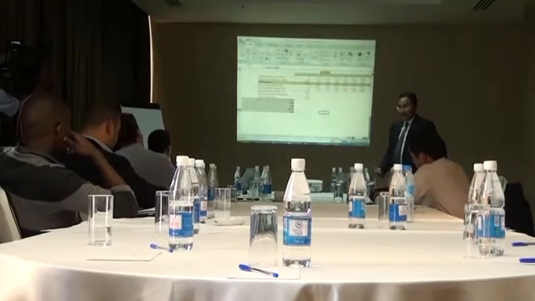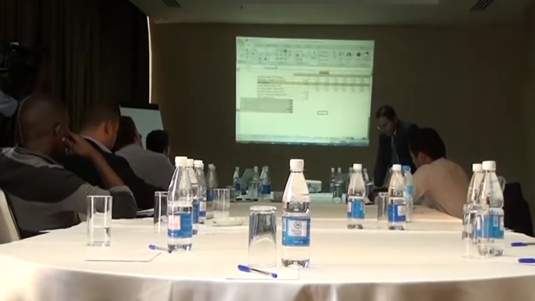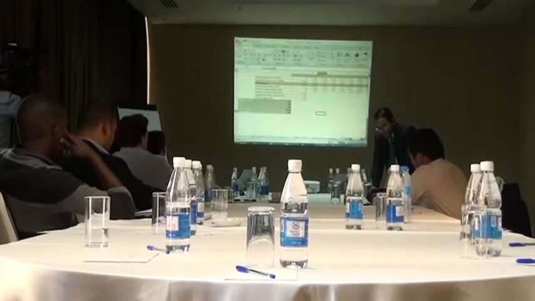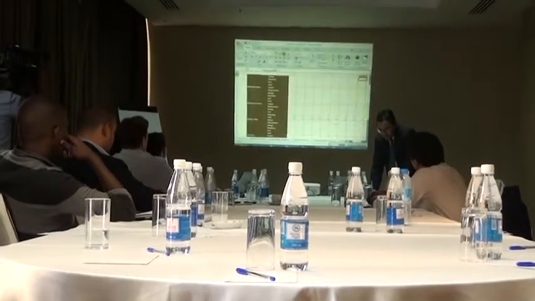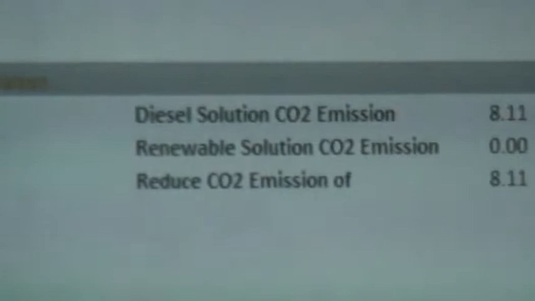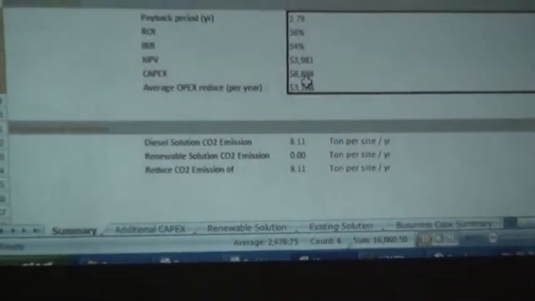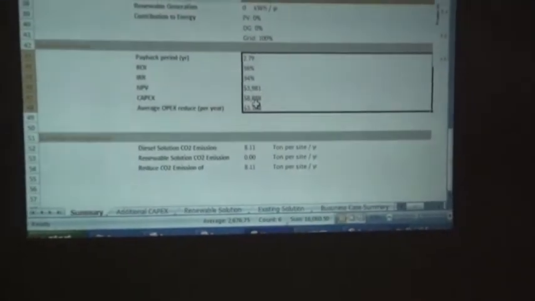Easy. And then eventually, this is an Excel sheet where all this data is connected. So once you have done copy and paste in this field, automatically the overall summary gets updated, and you get these nice values for your CFO. Payback period, return on investment, NPV, capex, average OPEX reduction, all these things come automatically.